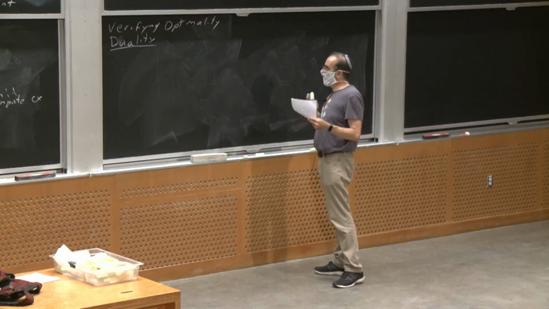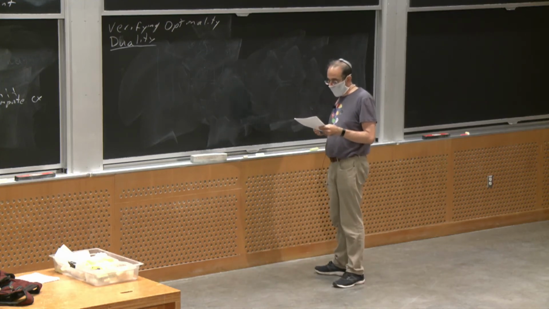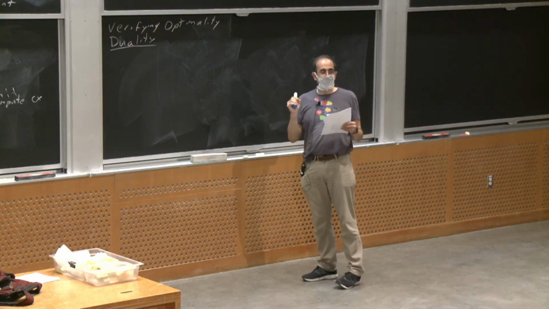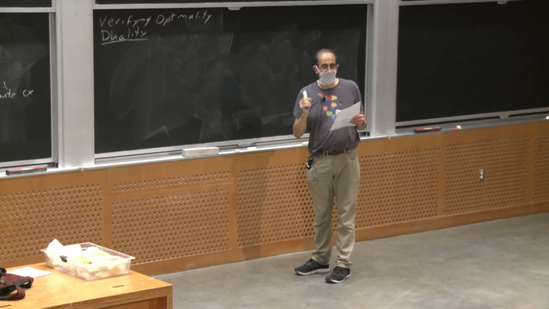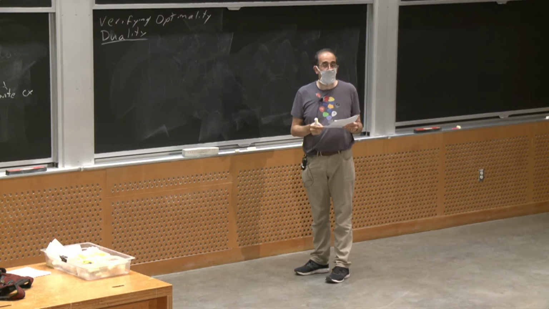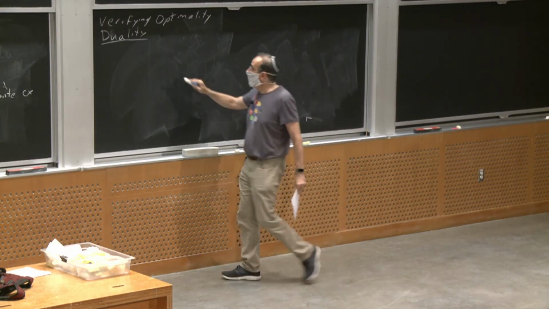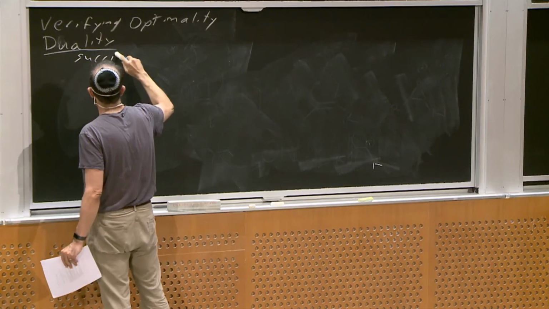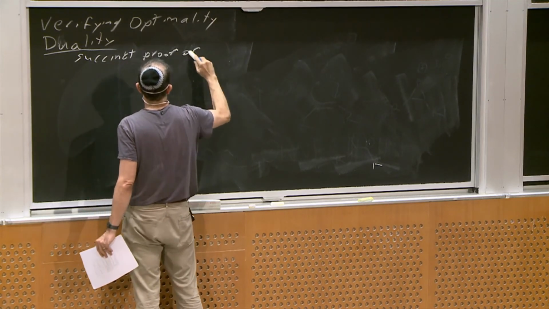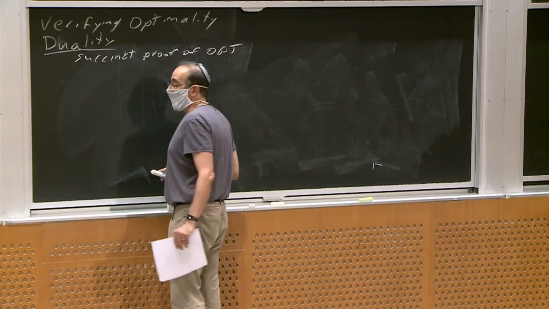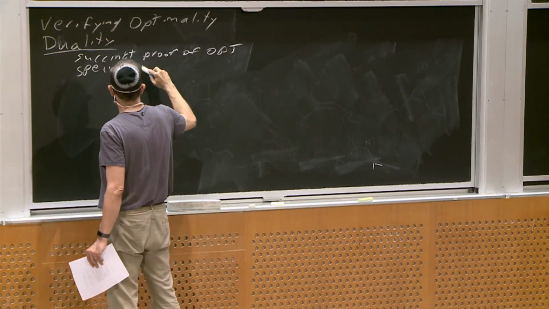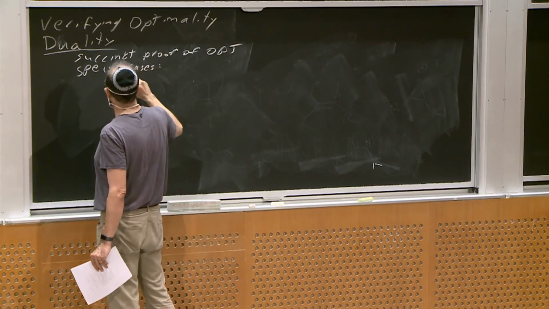It's the sort of strongest result in the theory of linear programming, and it's going to allow us to give a succinct and easy-to-check proof that a given point is optimal for a linear program. So it's going to give us a succinct proof of optimality. And just as special cases, it's going to give you max-flow min-cut.